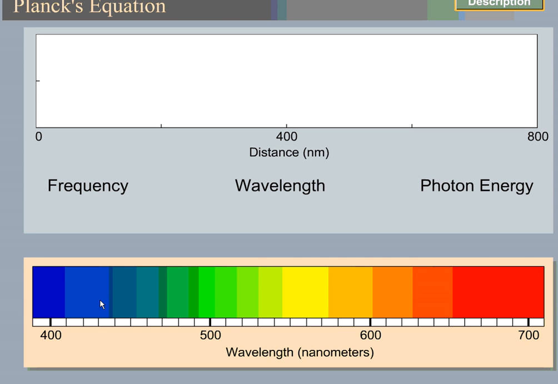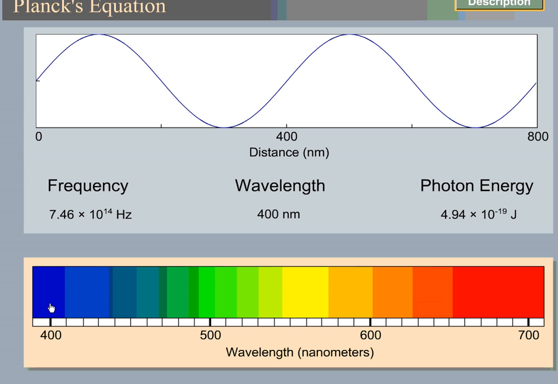If we take a look up here at the waves, you see in the bar our spectrum of different colors or wavelengths in the visible region. If I go down to the low wavelength end, say 400 nanometers, 1 nanometer being 10 to the negative 9th meters, there's a corresponding frequency on the left and a corresponding energy of the photon on the right.